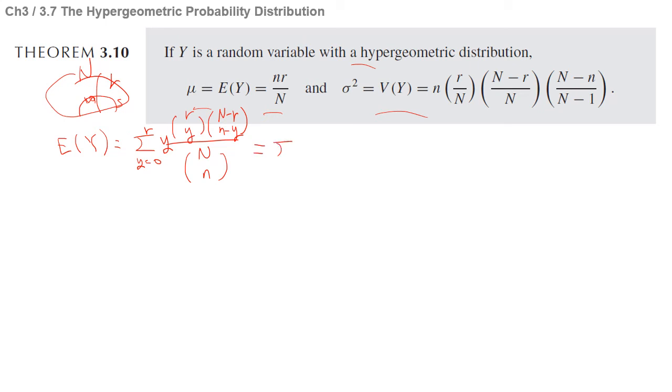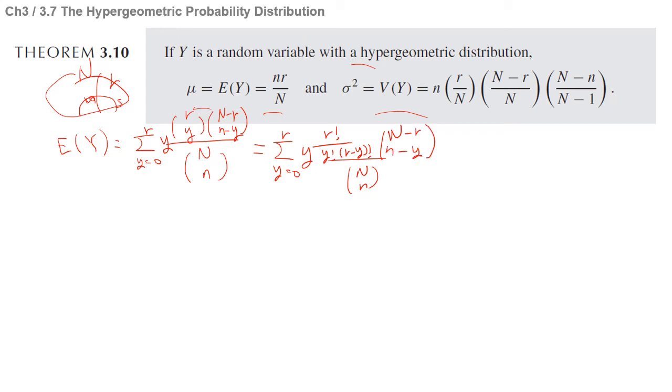So here the sum over y equals 0 to r of y times r choose y times N minus r choose n minus y, and we can write this as r factorial over y factorial times r minus y factorial, and N minus r choose n minus y.